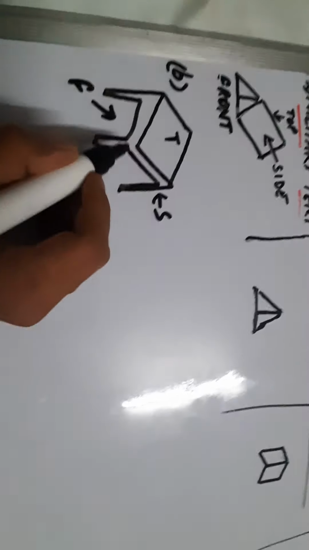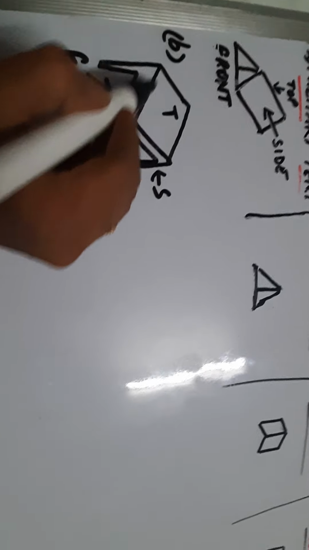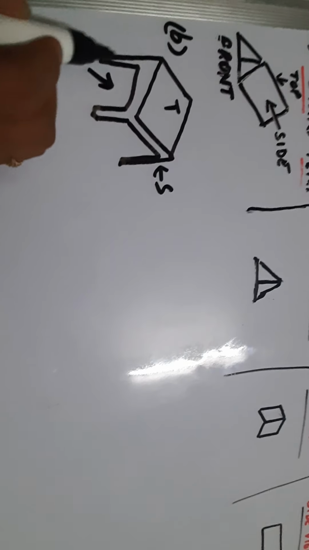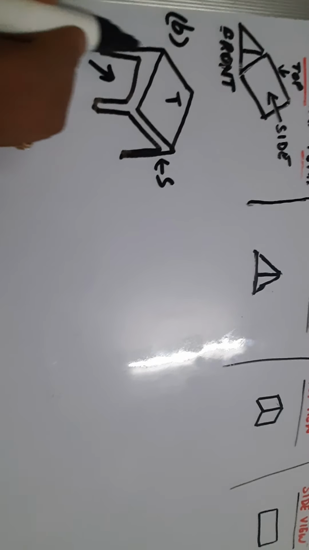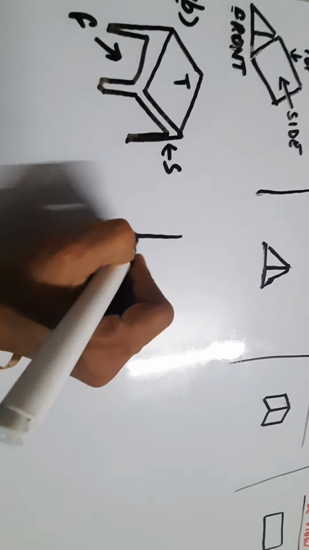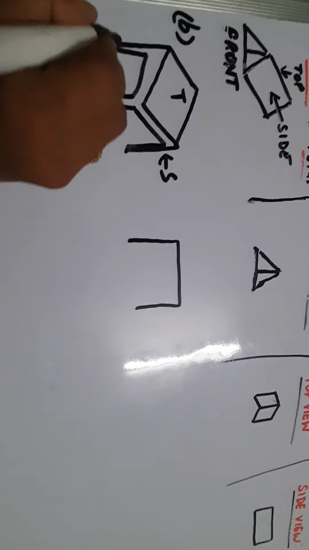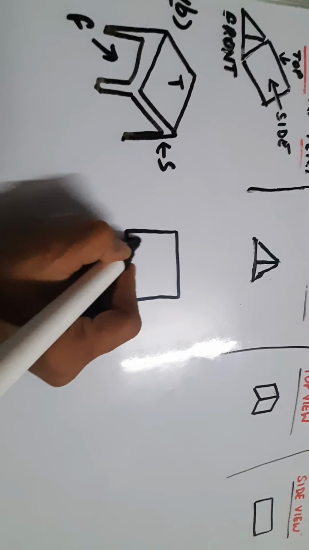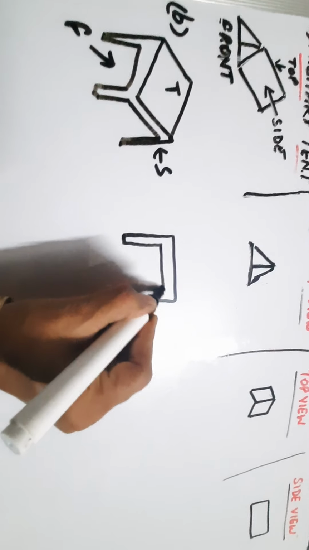Now the second figure is a table, and its top, front and side views are to be drawn. So let us make this table in the figure. A table is there. This is the front view. Let us see from the front, we will be able to see this part. So we will make the part like this, a rectangle, then the legs are representing it like this.